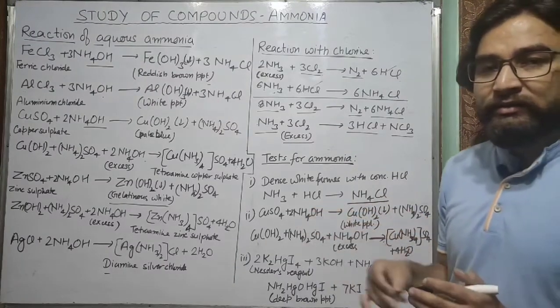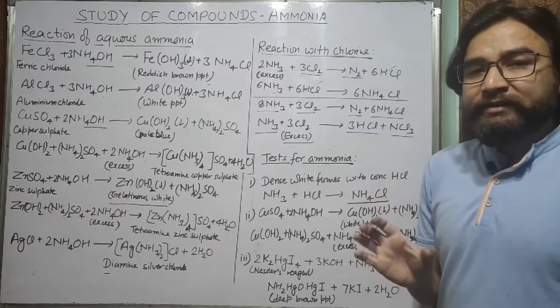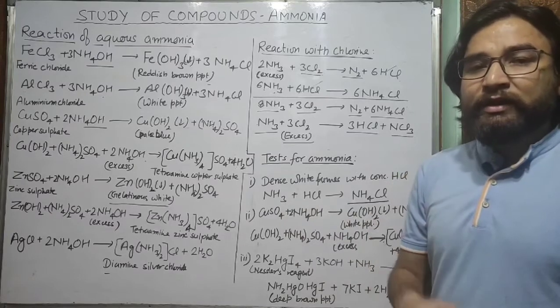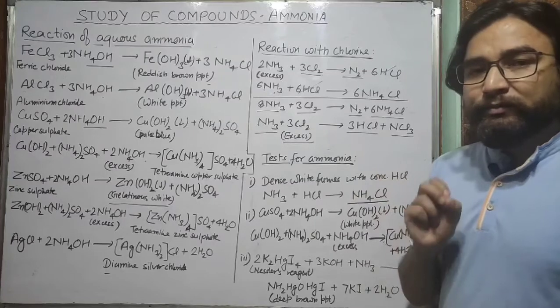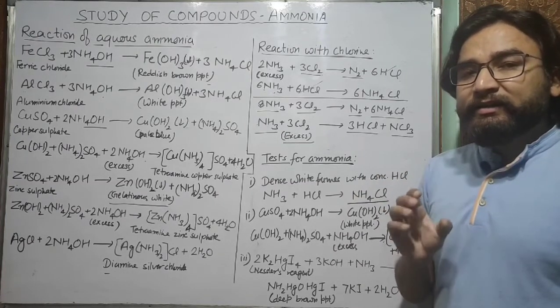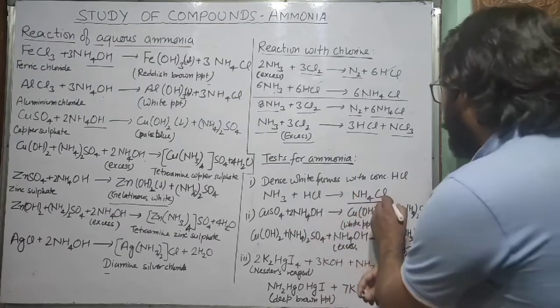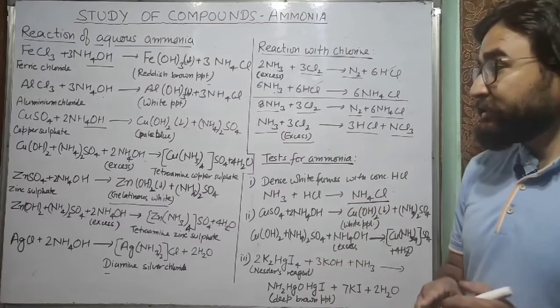This reaction is also useful for the detection of HCl gas, and similarly it can be used for ammonia gas. When a glass rod dipped in concentrated HCl is brought near ammonia gas, it will give dense white fumes of ammonium chloride.